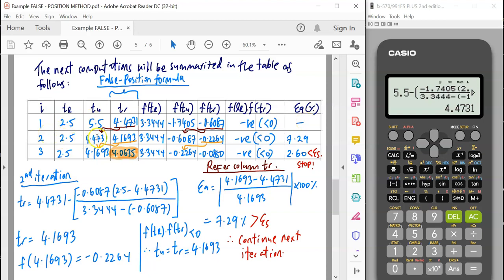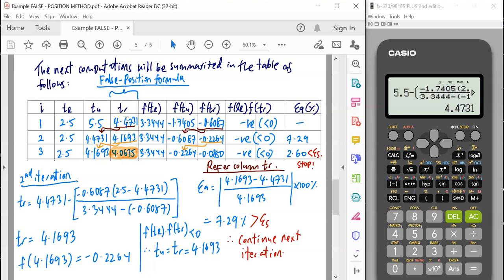I don't want to discuss this part in detail. I let you do this on your own, but I just want to share with you how to calculate this approximate percent relative error. Let's say you already have two estimated roots here: the current one in the second iteration, and the previous one that you obtained from the previous iteration.